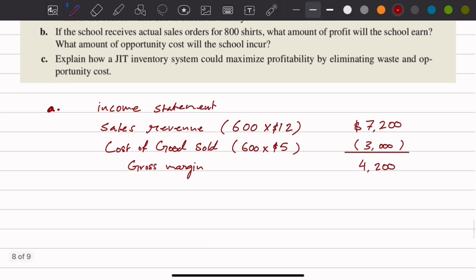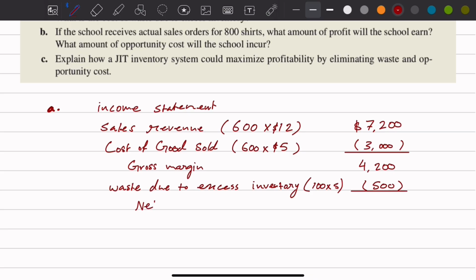So we'll write down waste due to excess inventory, and the number of shirts that were left over is 100 shirts multiplied by the cost per shirt, which is $5. So that's going to be $500 cost. Okay. Now we can close our income statement.